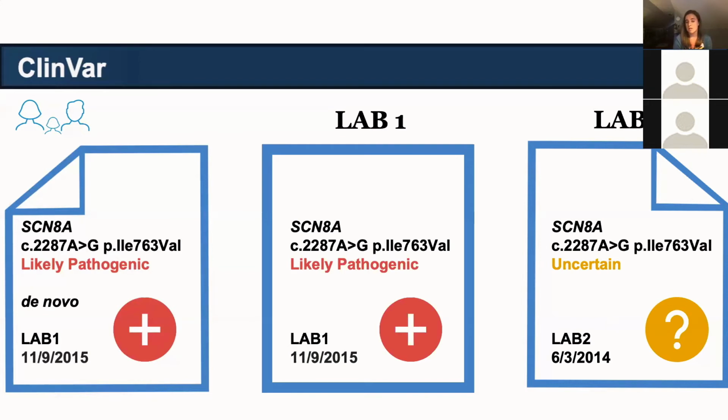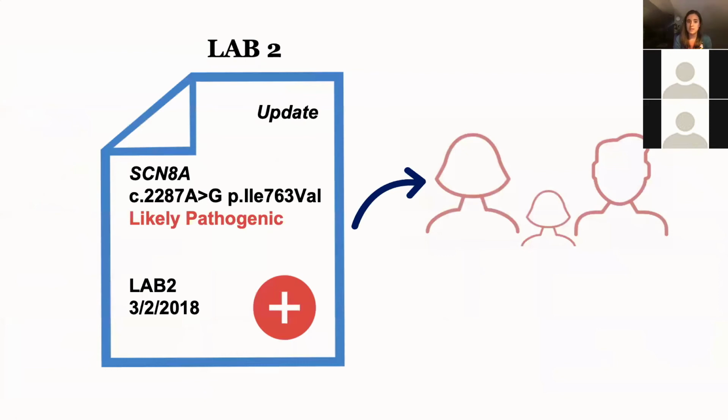So we were able to tell them a little more about our participant, that her variant was new and unique to her, which allowed Lab 2 to go back and update their classification for their patient. So they were able to say, based on that another individual has this genetic change, based on how it was inherited in her, all of these pieces, that's enough for us to go from uncertain to likely pathogenic. So Ella's results in care weren't impacted by her family taking the time to share her results, but ultimately them doing so enabled another family to get clear genetic testing.